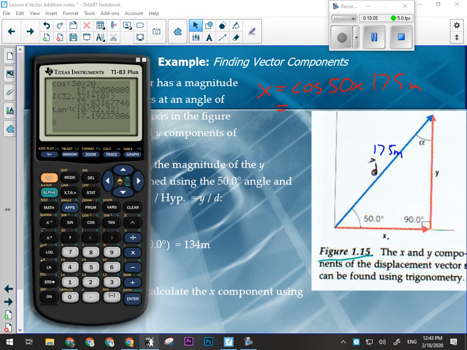If it's in radian, it's going to spit out really weird answers. So I'm going to go to cos of 50 degrees and multiply that by 175. The adjacent side, the x or horizontal component of D, is 112.487 or 488 meters.